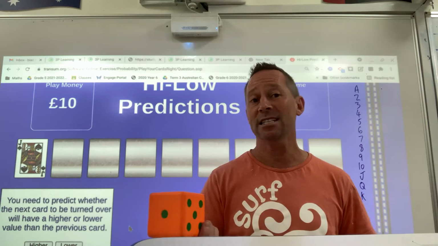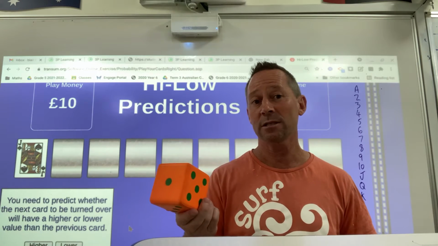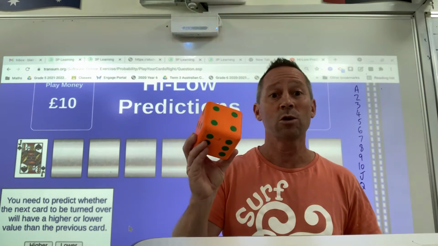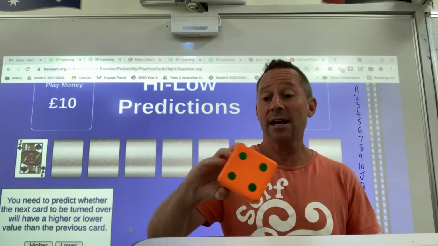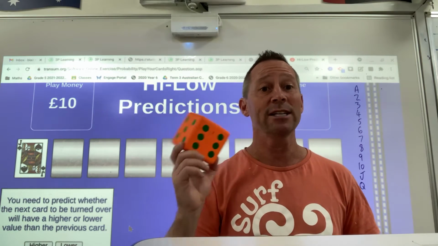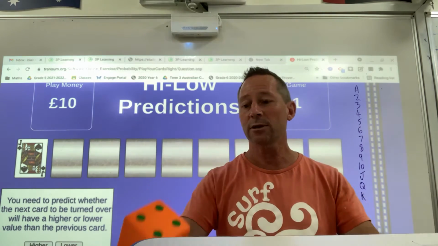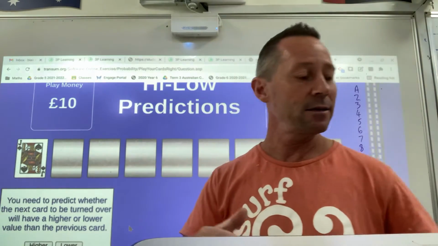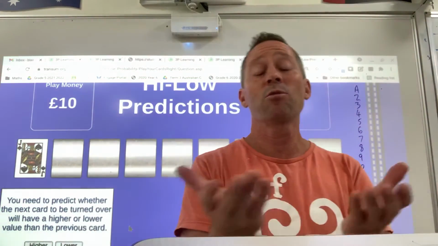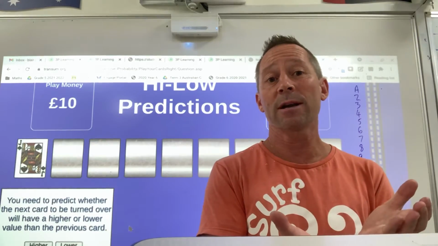But if I did the experiment and rolled it 6 times, it might land on 4 two times. It might land on 1 one time, and it might land on 6 three times. But the more I do it, the probability is more realistic and more aligned with the theory.